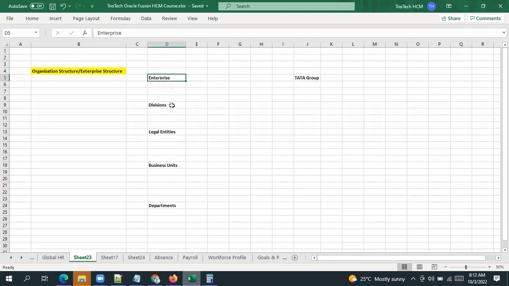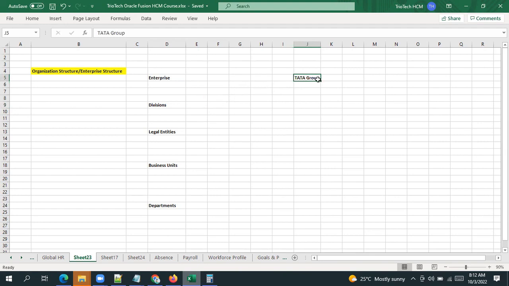Next, as part of the hierarchy in the Fusion system, after the enterprise, we have something called divisions in the system, team. So what is a division? Divisions can be categorized according to the industry in which this client is having the operations, or across the globe, in what are all the locations or regions that this client is operating.